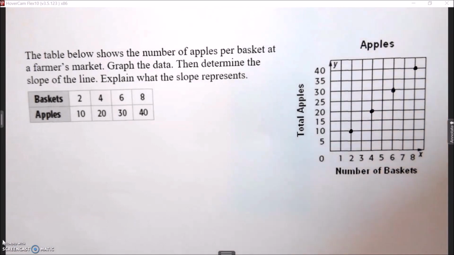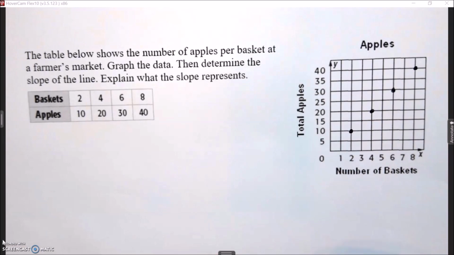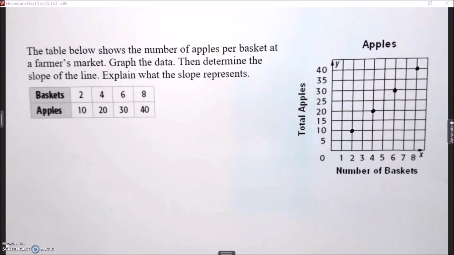Now, I am sort of confident that you guys can find the slope just by looking at this, okay? But I want to show you one little thing before we move forward, something that you are definitely going to be expected to do, and this might be a moment where you press pause and maybe you write this down somewhere, or maybe you just take a picture in your brain, because you're going to need to know this moving forward.